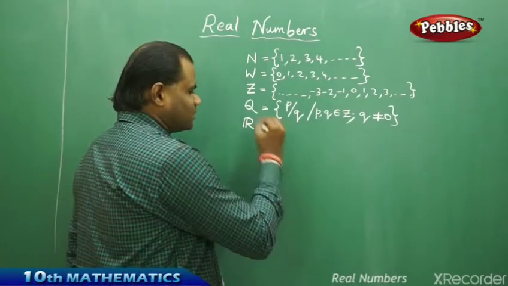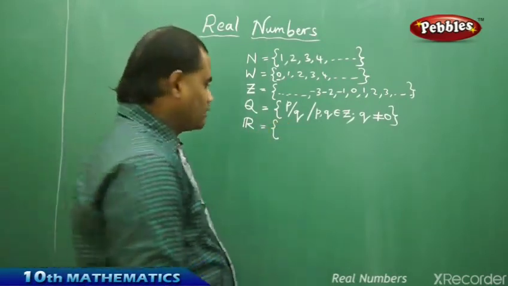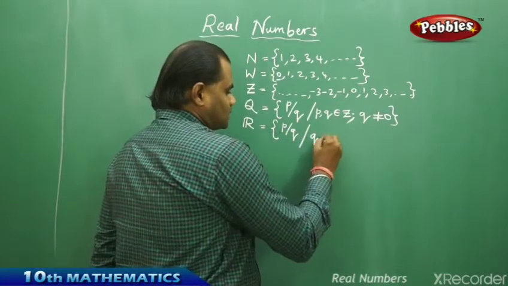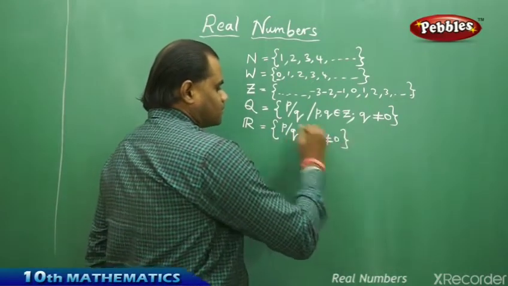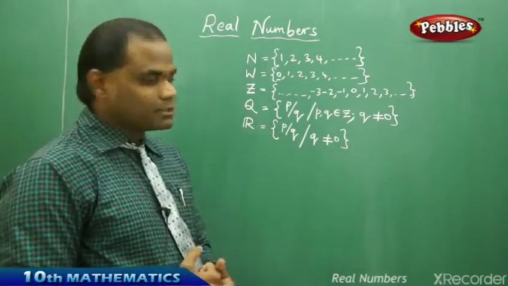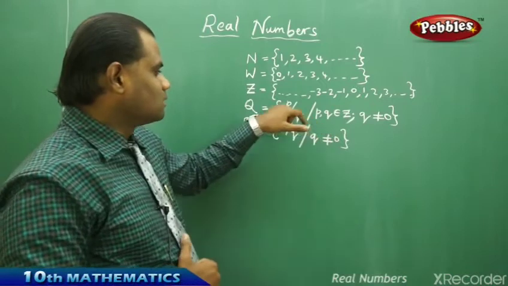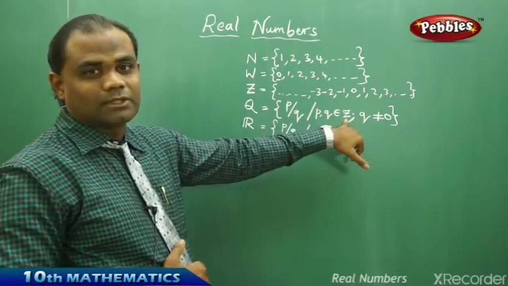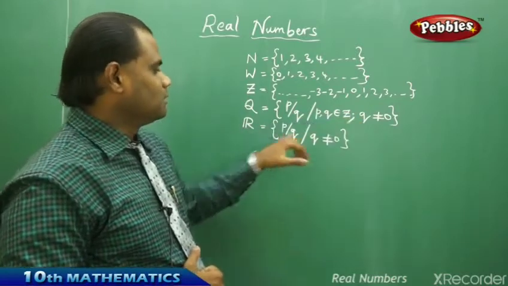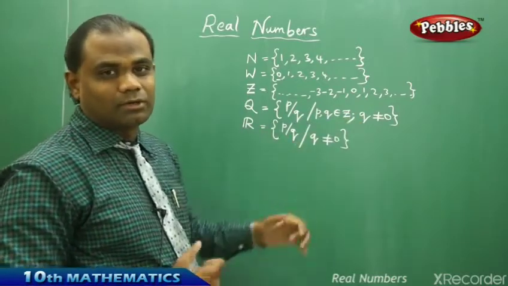We are going to discuss rational numbers more briefly in this topic, but before that, let me also define the real numbers, which are given in the form of p by q such that q is not equal to 0. So what is the difference between rational numbers and real numbers? Rational numbers have the restriction that both p and q, which are the numerator and denominator respectively, must be integers, but in this case p and q need not be integers.